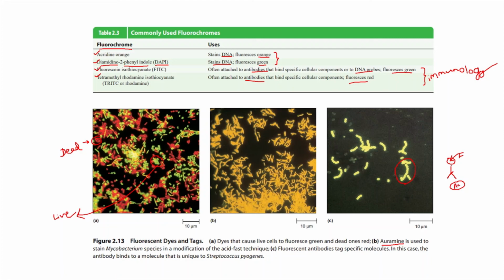On proper binding of the antibody with the antigen, the fluorochrome releases light, and that you can observe under fluorescence microscopy. So this is also used in immunological assays. So this is a figure showing the immunological assay, this third picture.